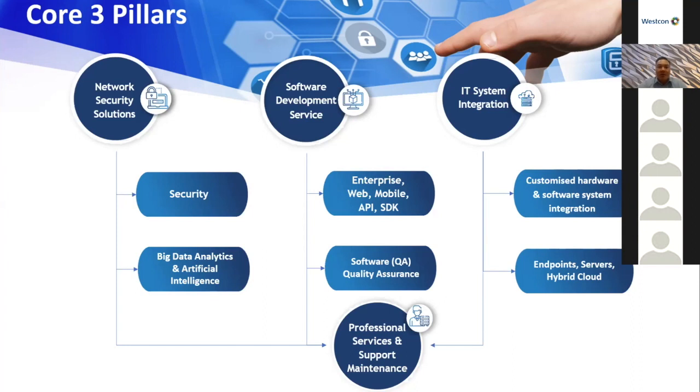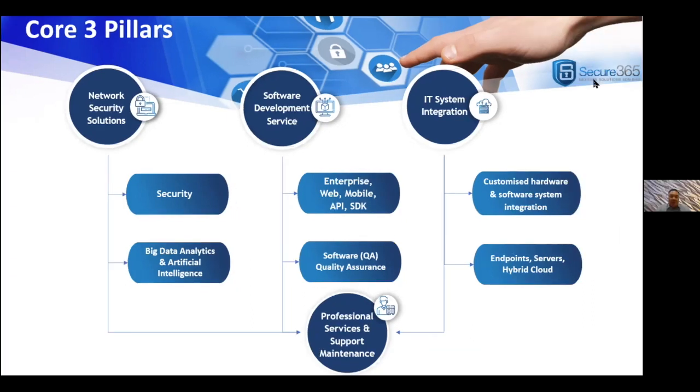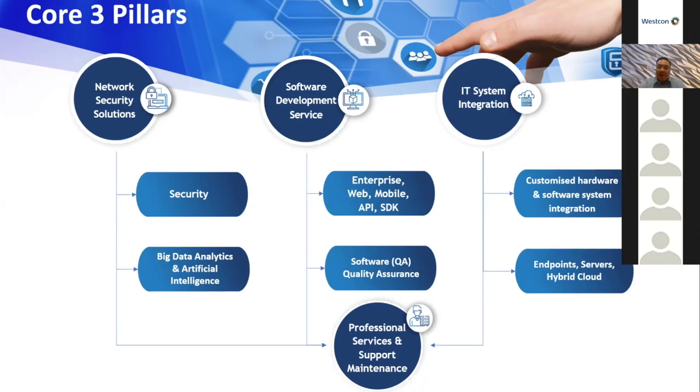Coming to the second pillar, which is software development service, we do take in software projects on a service basis. Basically, we can provide software development and develop applications on enterprise, web-based, mobiles, and even APIs. Once a project has been completed, the software portion or source code will be provided back to the client, even the intellectual property.